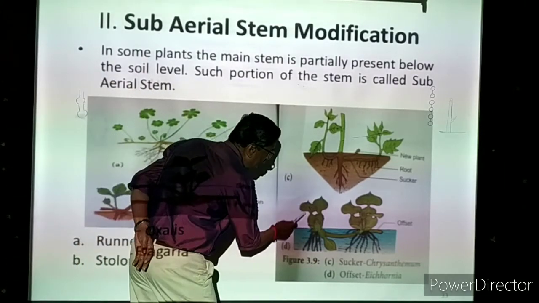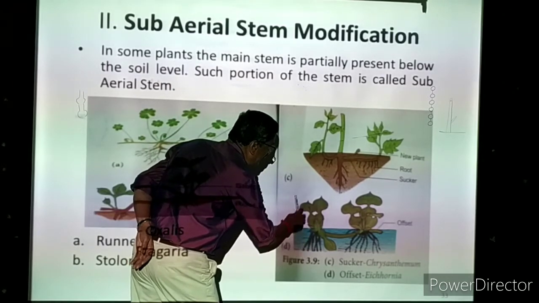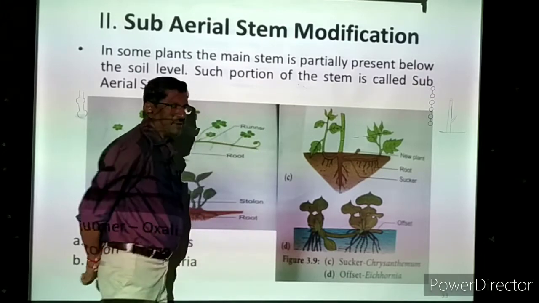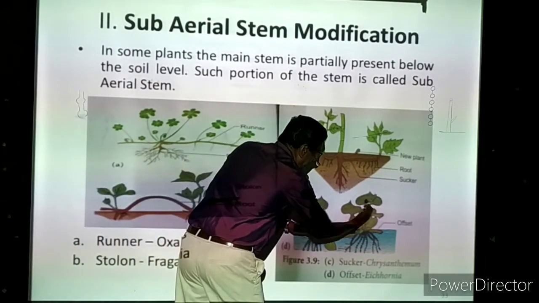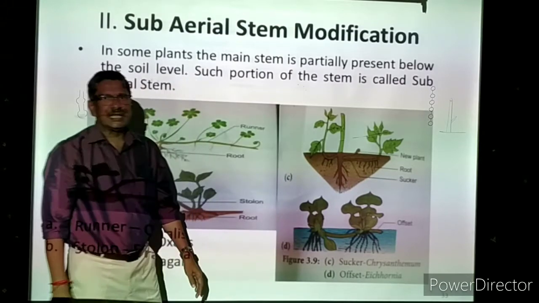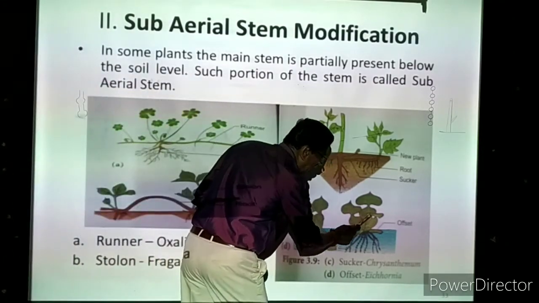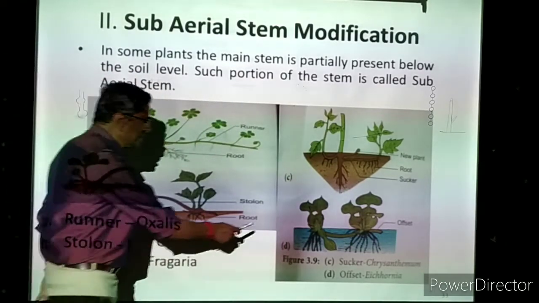Once this new plant is well established with the root, subaerial stem and also the leaves, then the offset will cut off. Anywhere, either here or here or here, it will cut off. So the main plant will be there. The new plant is completely separated, leading an independent life. At a time, one offset can produce 3 or 4 branches like this.